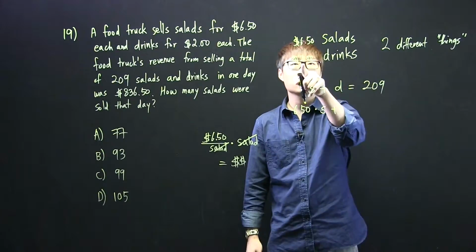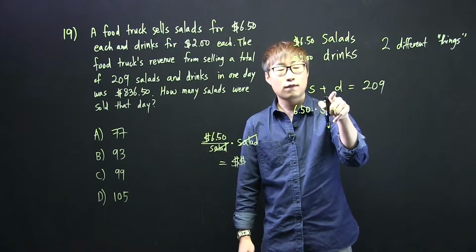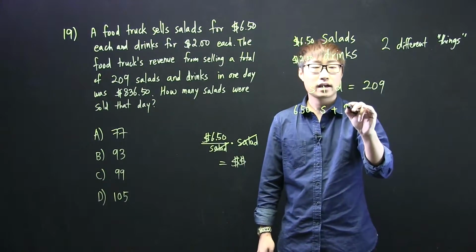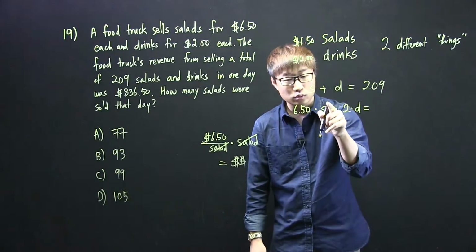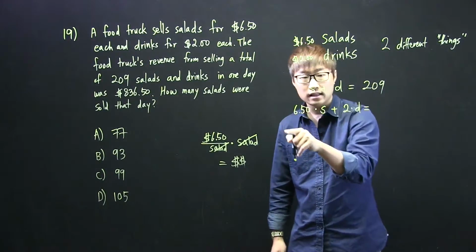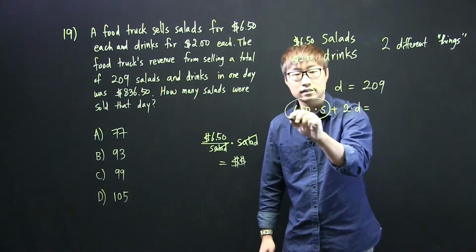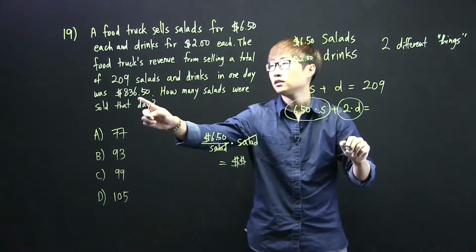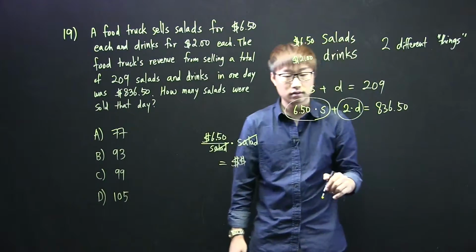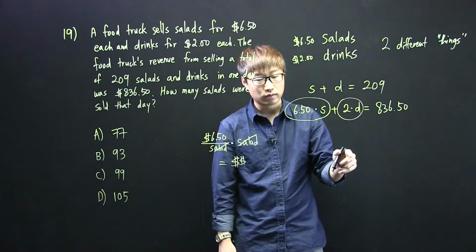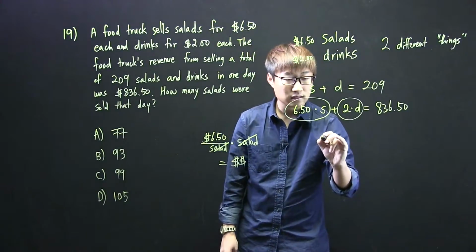And same goes with this. $2 each drink for D many drinks, I can say 2 times D. And the total profit generated from the salads and the drinks together was $836.50. So these are the two equations I can work with. Let me write it nicely here.